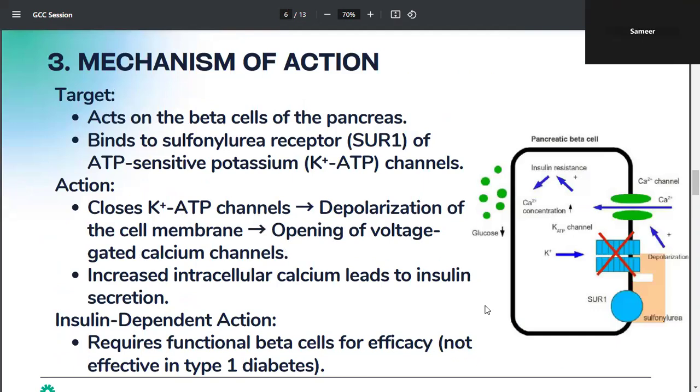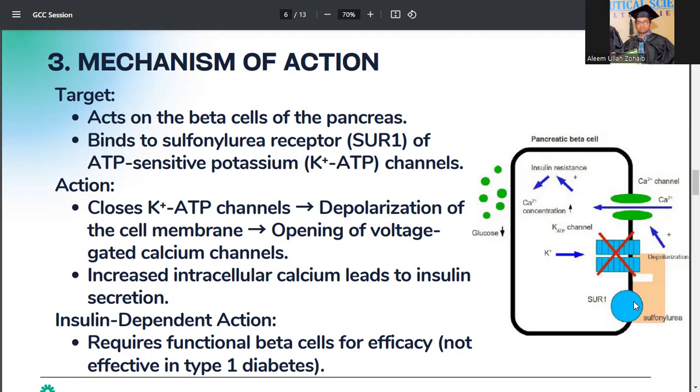This is the beta cell in which the insulin is already present, but something hinders the release of insulin. Now, when the drug is given, it acts on the sulfonylurea receptor 1. It plays two major roles. It blocks the potassium channel and the potassium conductance, so potassium remains inside the cell.